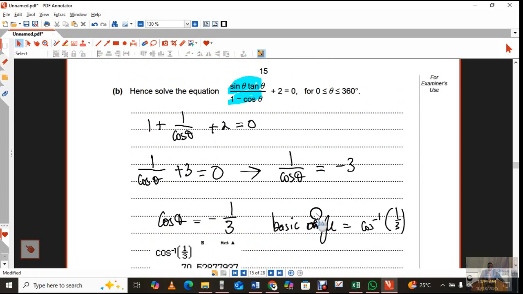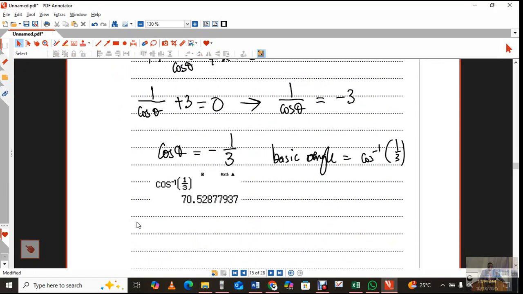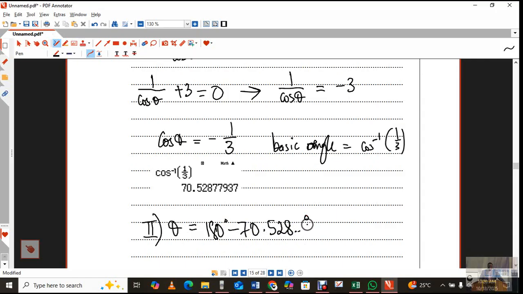And we know that cosine is negative in the second quadrant as well as in the third quadrant. So in the second quadrant, the angle theta is going to be 180 degrees minus 70.528 and so on degrees.